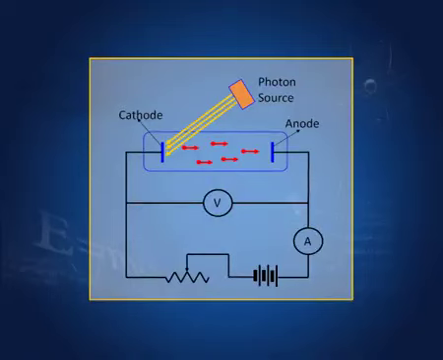That means electrons are emitted as soon as the photons are incident. There is no time lag between the photons being incident and the emission of electrons, and this is very important. We shall see that this argument was used by Einstein to show that waves are behaving like particles.